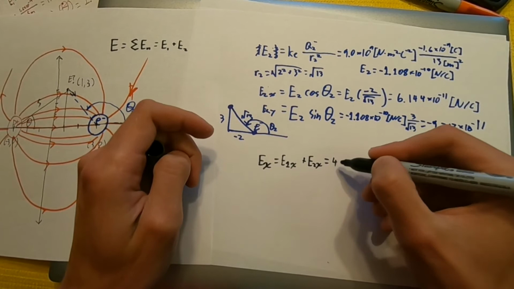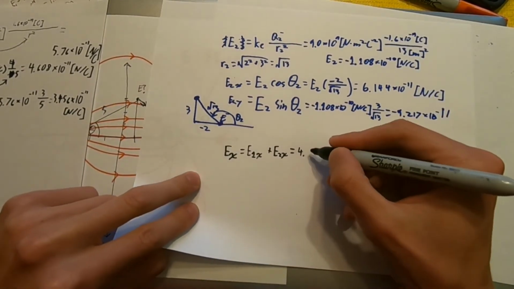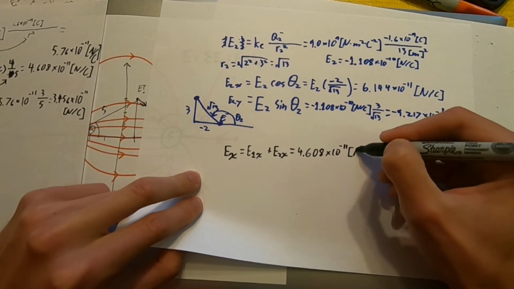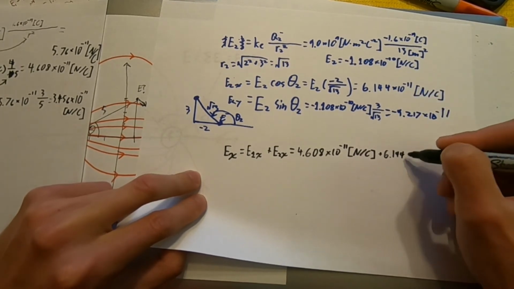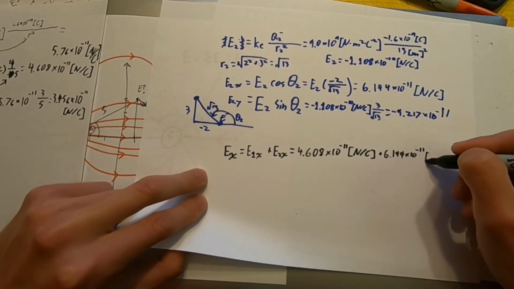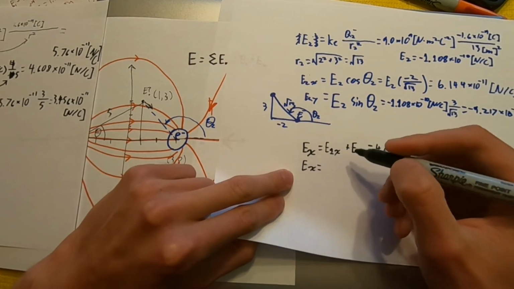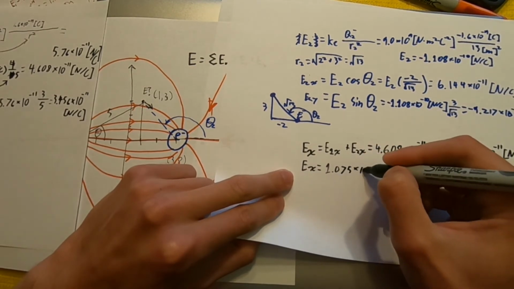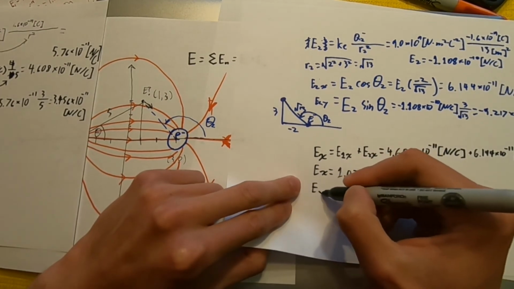So we have 4.608 times 10 to the negative 11 newtons per coulomb plus 6.144 times 10 to the negative 11th newtons per coulomb, which results in an Ex of 1.075 times 10 to the negative 10th newtons per coulomb.